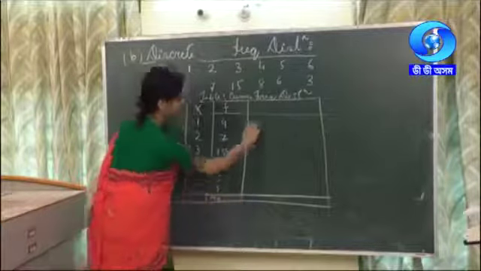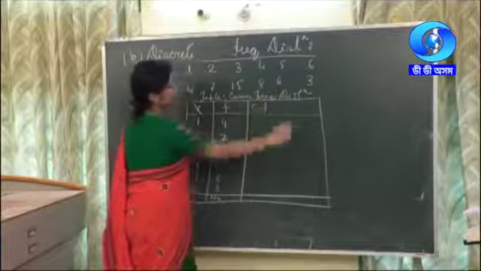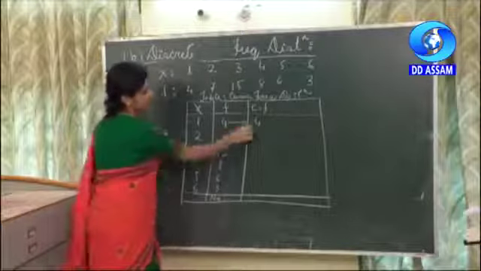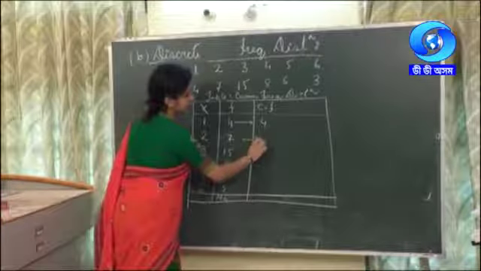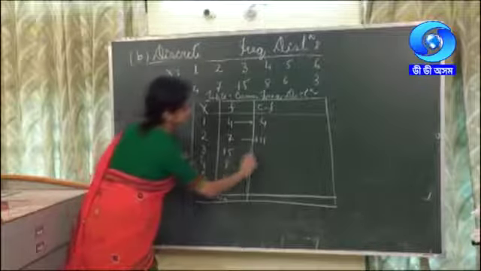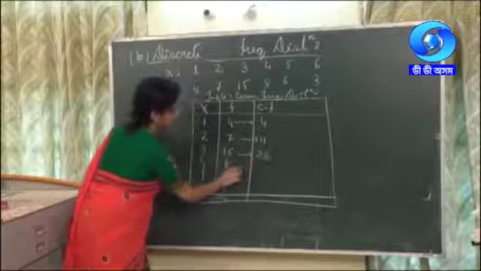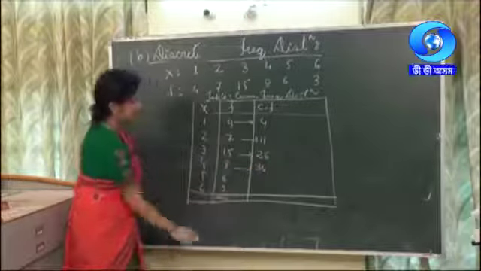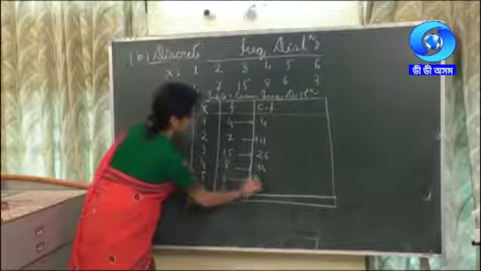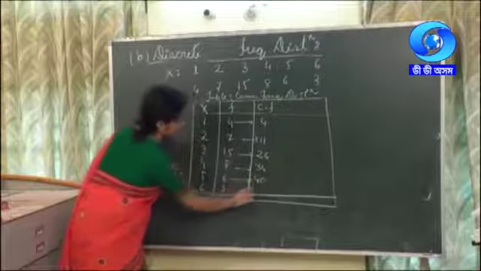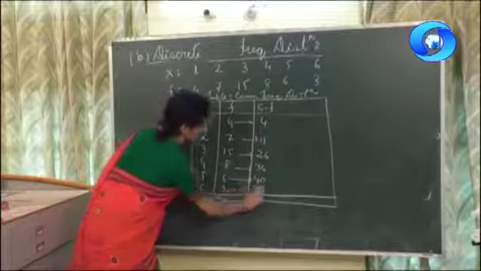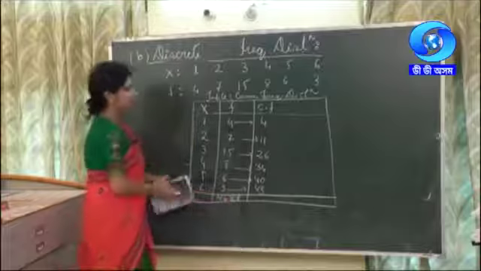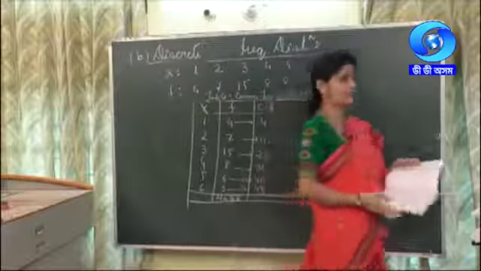So we'll find out the cumulative frequencies. This is 4. 4 plus 7 is 11. 11 plus 15 is 26. 26 plus 8 is 34. 34 plus 6 is 40. 40 plus 3 is 43. So our total frequency is 43.